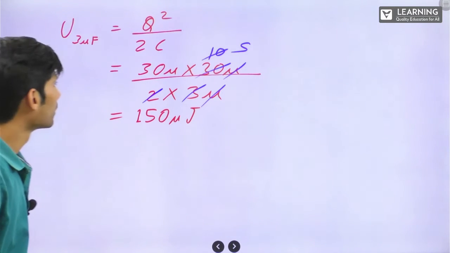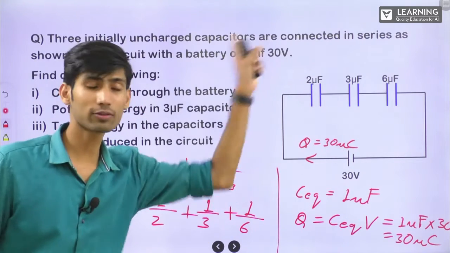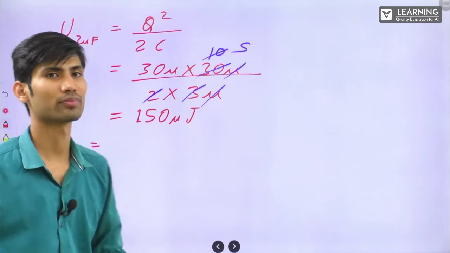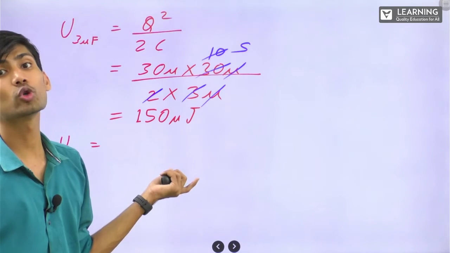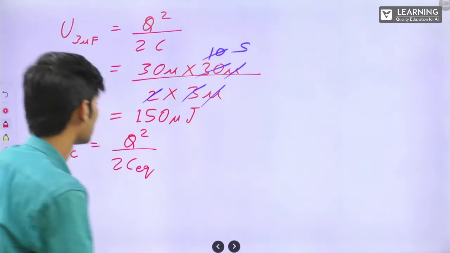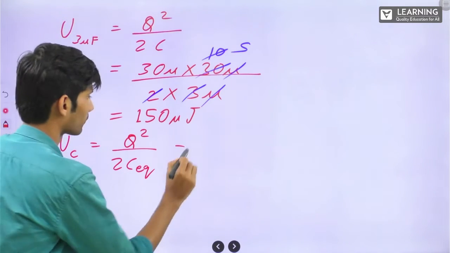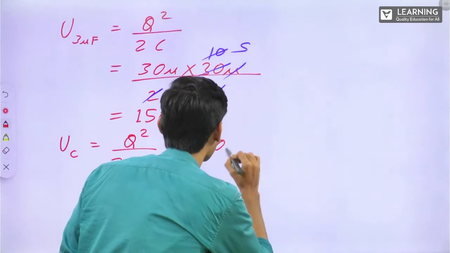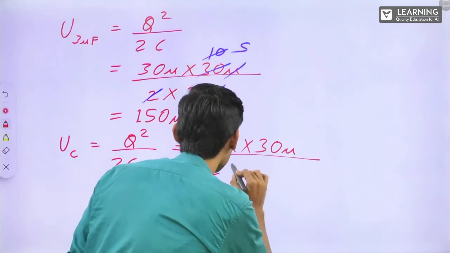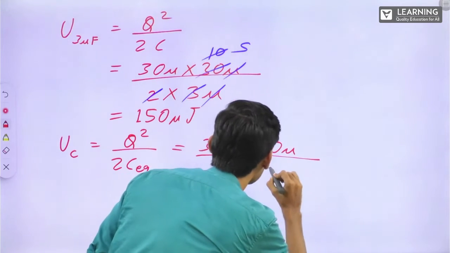Now, next, what is asked? Total energy in the capacitors. So total energy we have to find, how much is stored in the capacitors. So U of combination is equal to Q square by 2C equivalent. Correct? So this will be Q square, 30 micro into 30 micro, divide by 2 into C equivalent, which is 1 microfarad, so this will be 1 micro again.